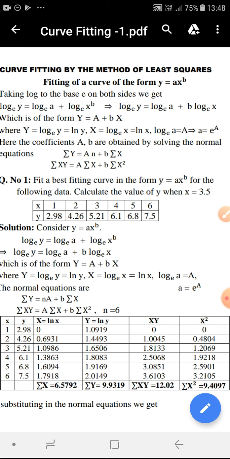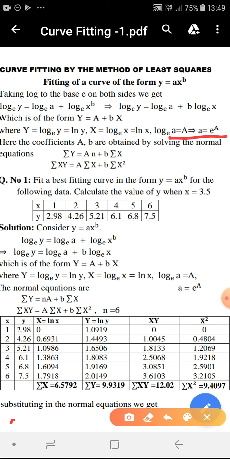Once you get capital A, small letter a can be calculated using log a to the base e is capital A, which means small a will be e power capital A. Substitute capital A and calculate e power A, which will give the value of small letter a.